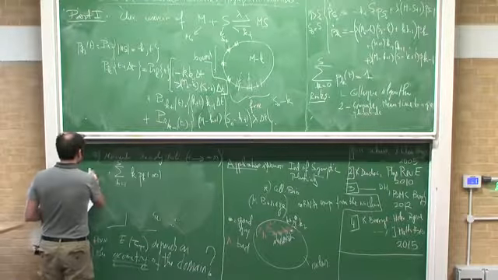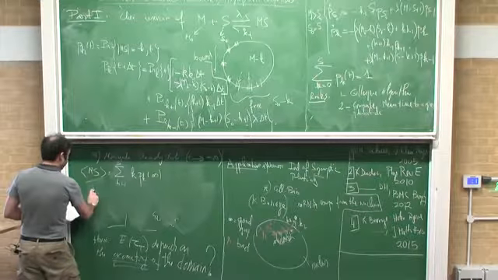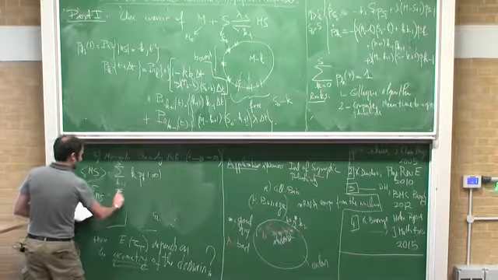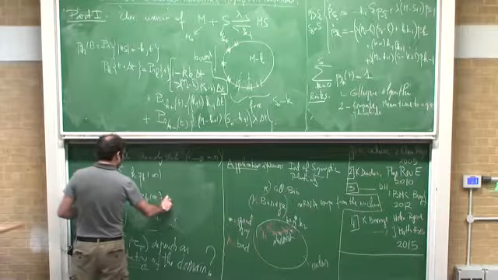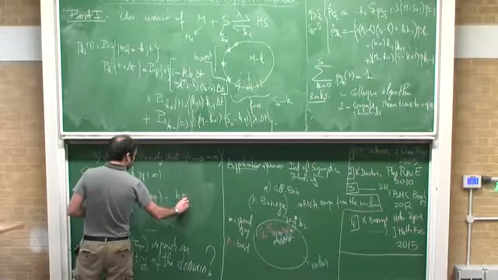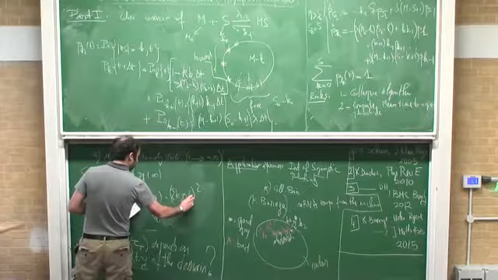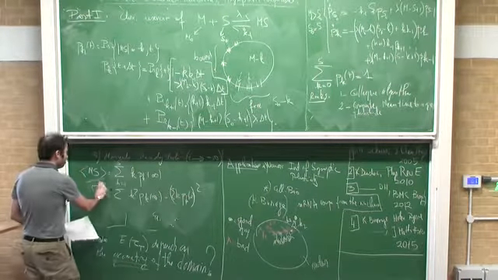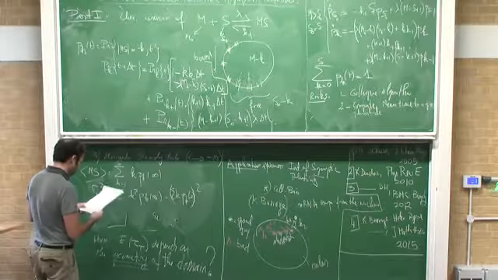So this is exactly the mean number of ms molecules. We can calculate the variance of ms, which is given by the sum of k squared pk infinity minus the mean squared. And any moments of interest can be calculated if we know how to solve these equations.